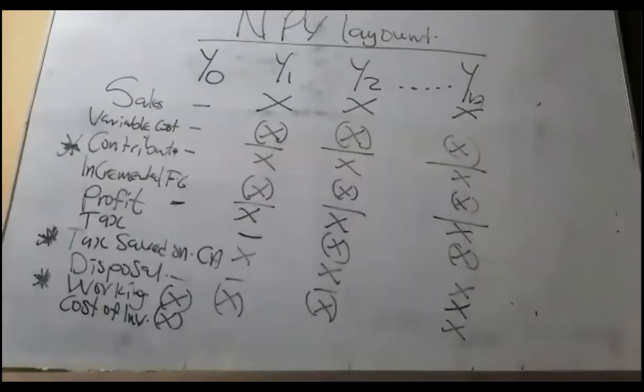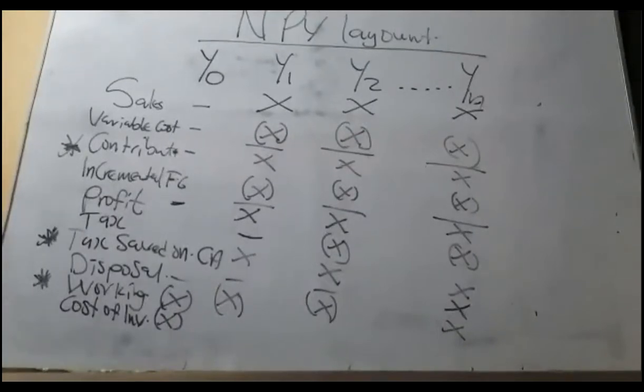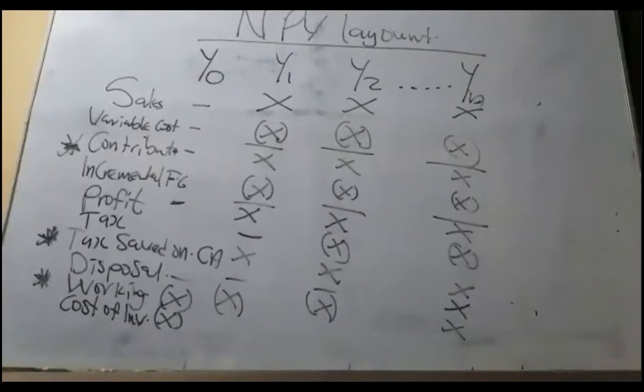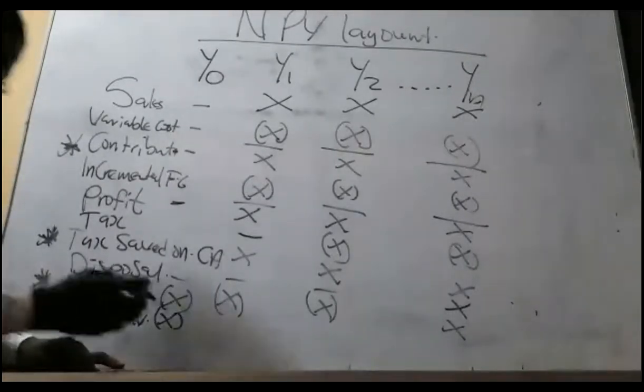You can't tell me that you want to run a taxi business and you buy the taxi 2 years after you start the business. No, it does not work like that. You have to buy the taxi upfront, or buy the vehicle, or go and rent the vehicle. Whatever the means, get the vehicle first before you start the operation. Good. So it will be here.